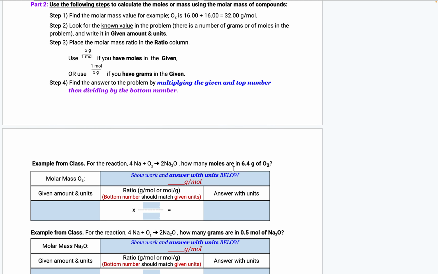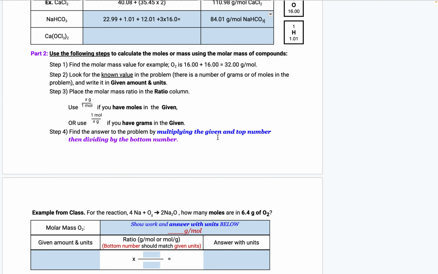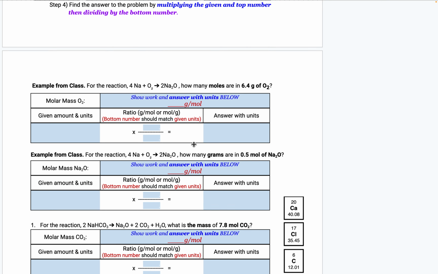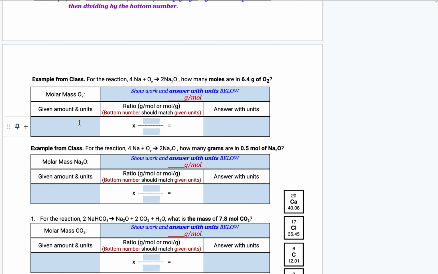All right, so down here we are going to do 2 examples of how to do problems. So the molar mass of 2 oxygens is 32.0. And the given amount is there in bold. It's 6.4 grams of oxygen.